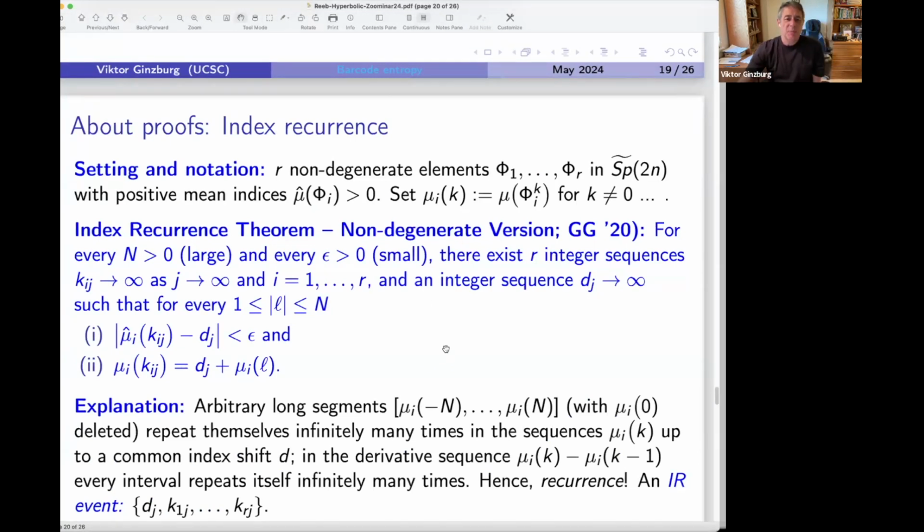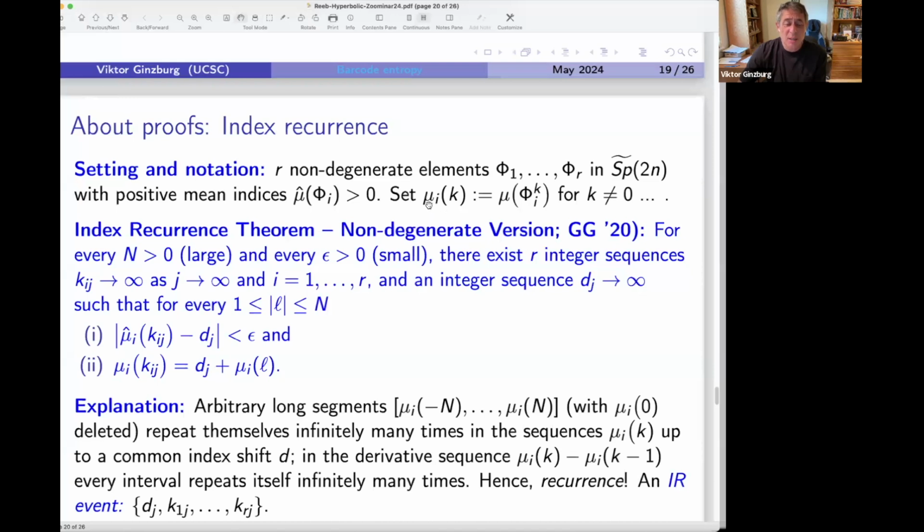So let's try to do it. I'm going to focus on the simplest non-degenerate version of index recurrence. Let's take r elements in the universal covering of the linear symplectic group, and I will require the mean indices to be positive. And I want to look at how the mean indices change on iteration.